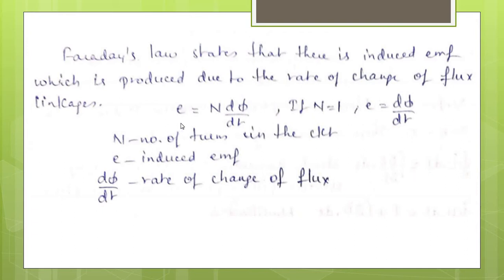We can write this in equation form as E is proportional to d phi by dt, or E is equal to N into d phi by dt. Here N is the number of turns in the circuit. If you take N as 1, then E will be equal to d phi by dt. Here E is the induced EMF and d phi by dt is the rate of change of flux linkages.